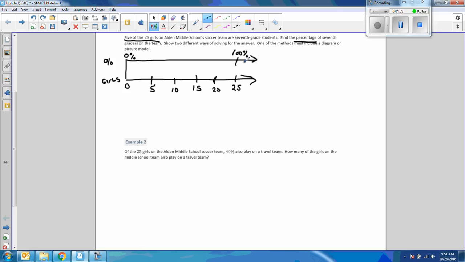Well, that is 1, 2, 3, 4, 5 different values we use. So if I take 100 divided by 5, that will equal 20.